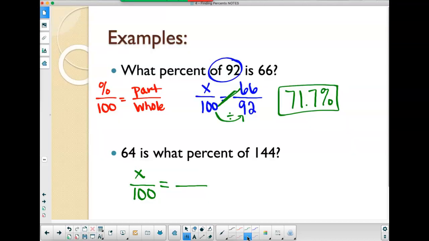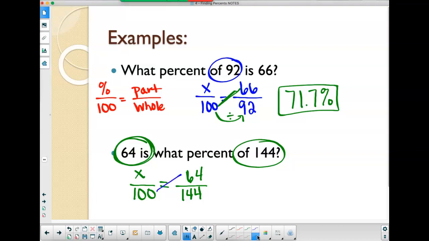Should the 64 go on the top or the bottom? Here it says 64 is. So that goes where? On the top or the bottom? Kason, what do you think? Top. Top, right? Is goes on the top. So 64 on the top. Of 144, of goes on the bottom. And we solve it. And this is really the same problem as we did on the first slide.